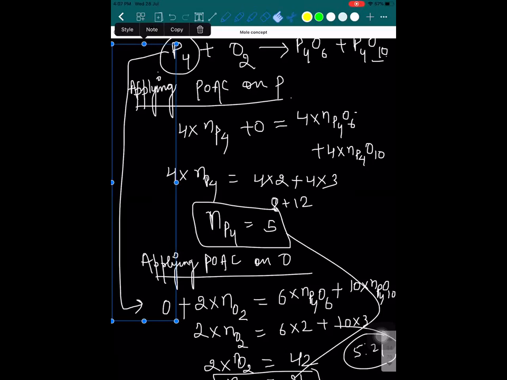Has everybody written this particular solution of this question?